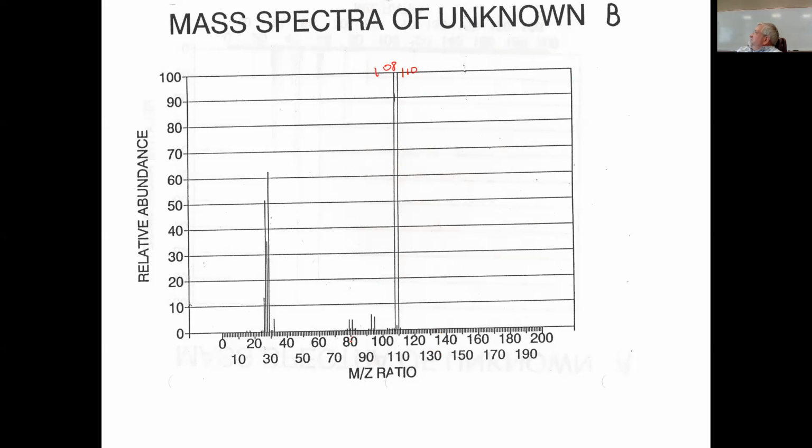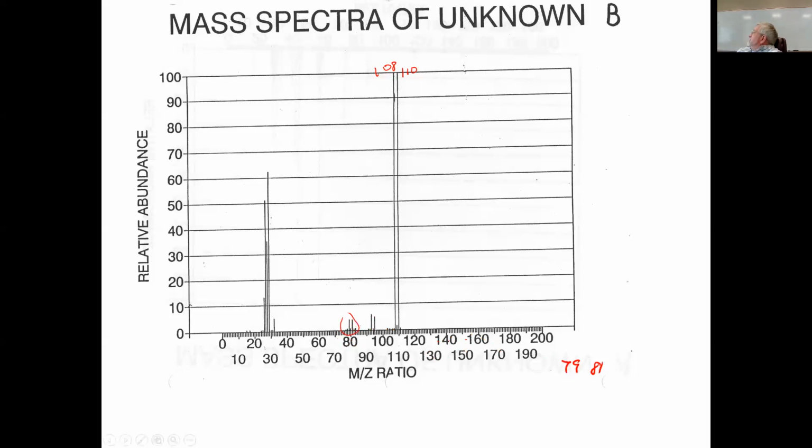Chlorine is 35, I think. Bromine is 79 and 81. I got those backwards. And if you look at this, this is basically 79 and 81. 80 is right in the middle, and then they're on either side.